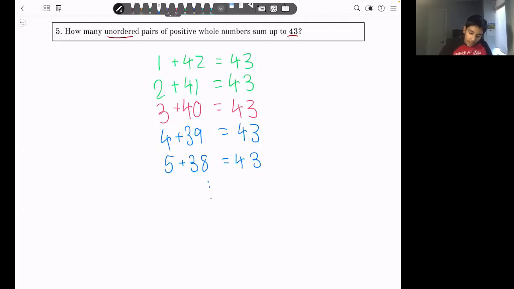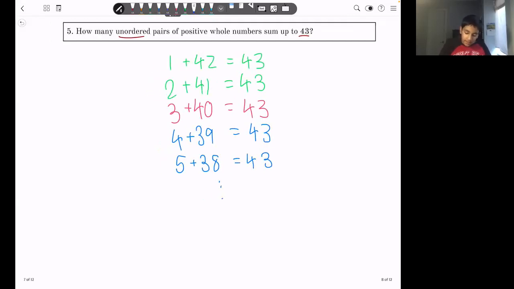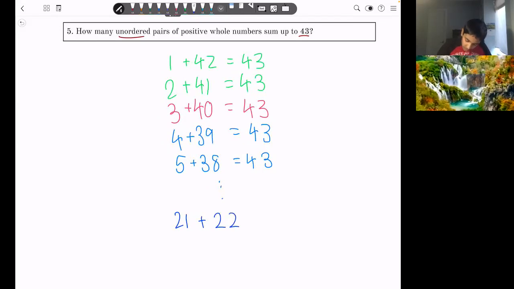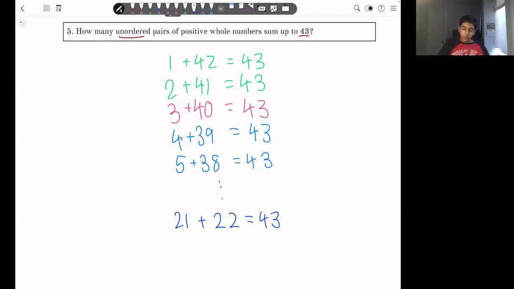Let's see. We can keep writing 6 plus 37, 7 plus 36, and so on. Maybe then we'll get to 21 plus 22. 21 plus 22 is 43.